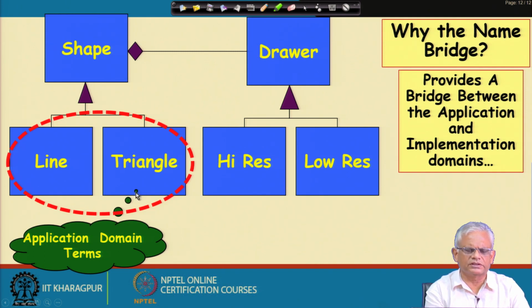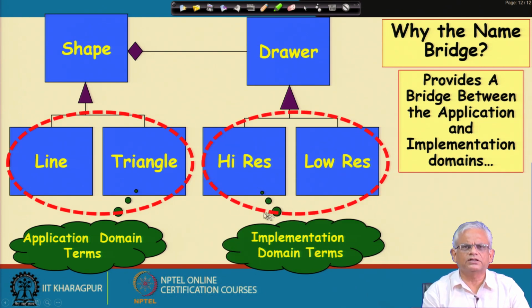We still call those line and triangle because these are application domain terms. On the other hand, in the implementation domain, we have terms like high resolution, low resolution, transient view and so on.